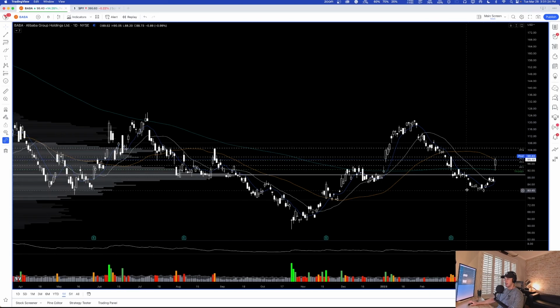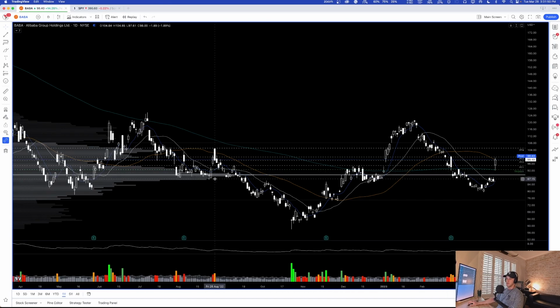With that in mind, I start to look at what is happening in the most recent action. There's a little bit of support all through here, this 85 area, held as support here, held as support here, all through here as well. And then you do have the volume point of control right through this 89 level.